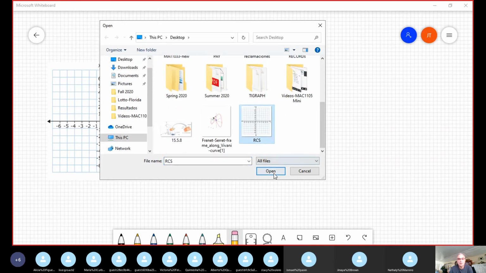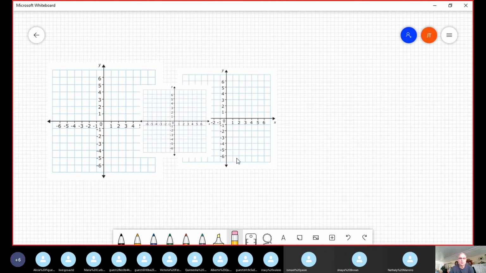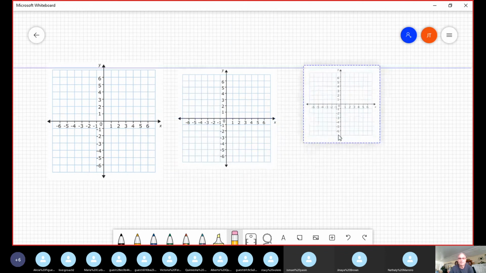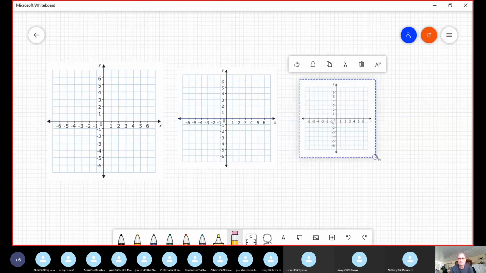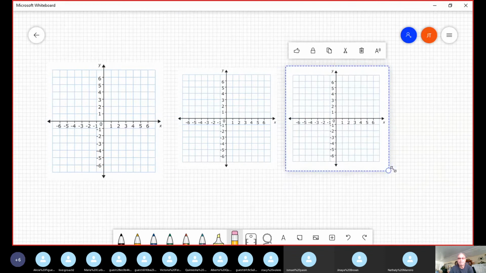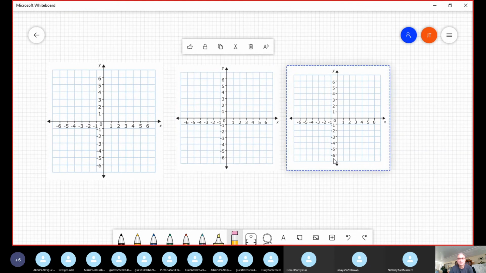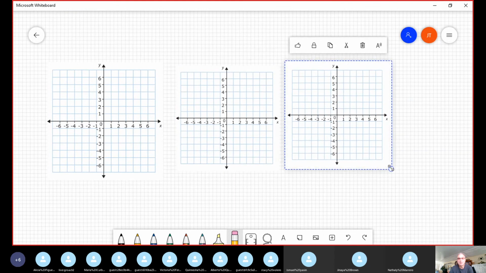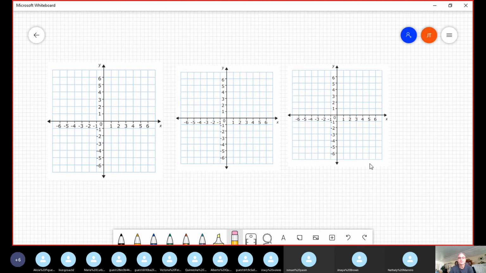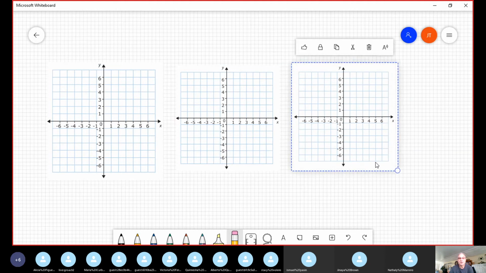This is the graph. So one graph is given.